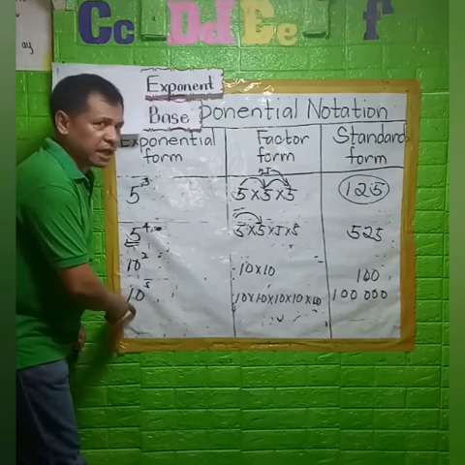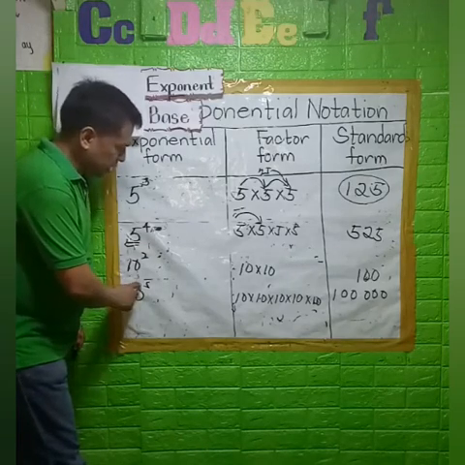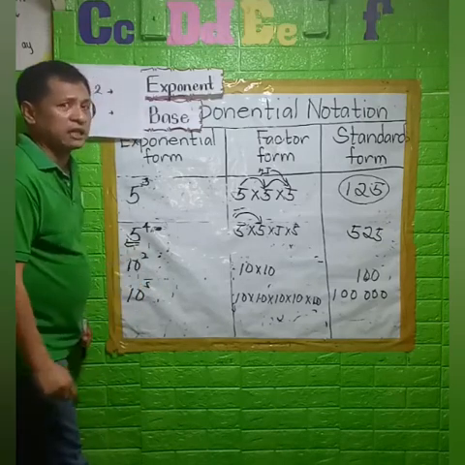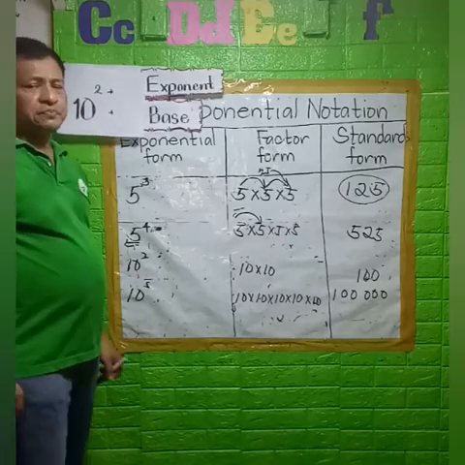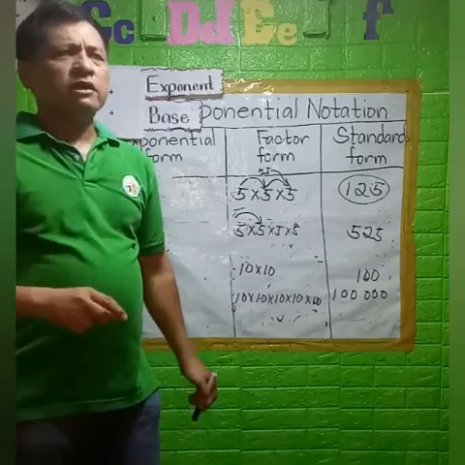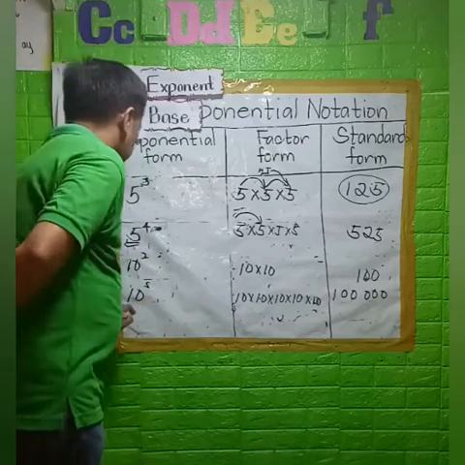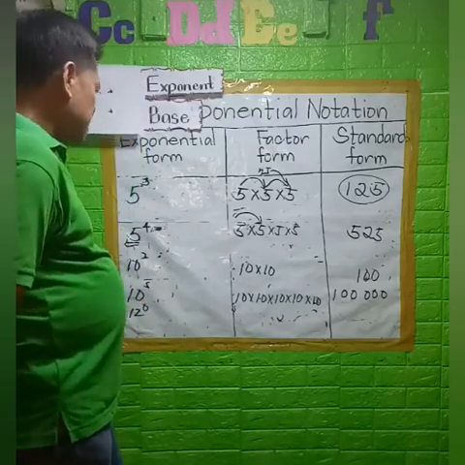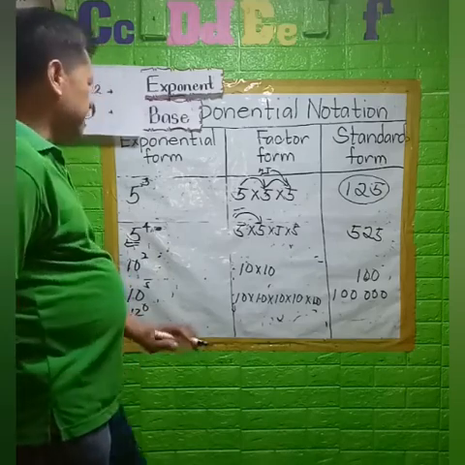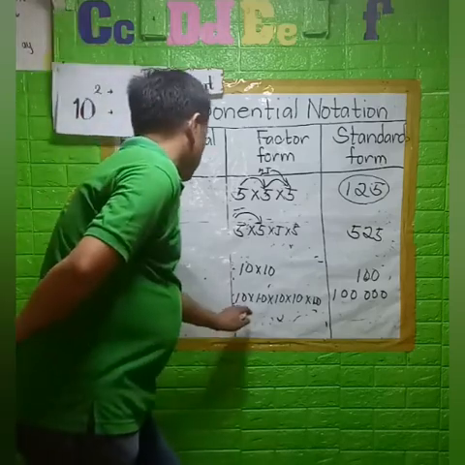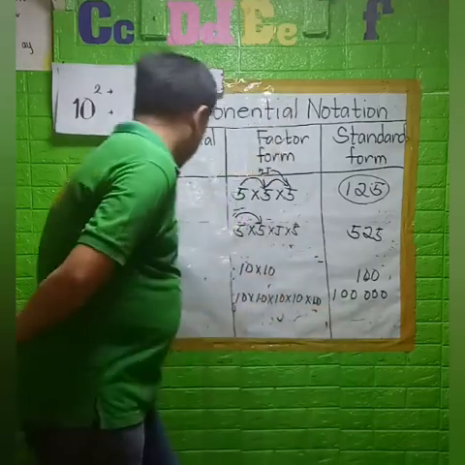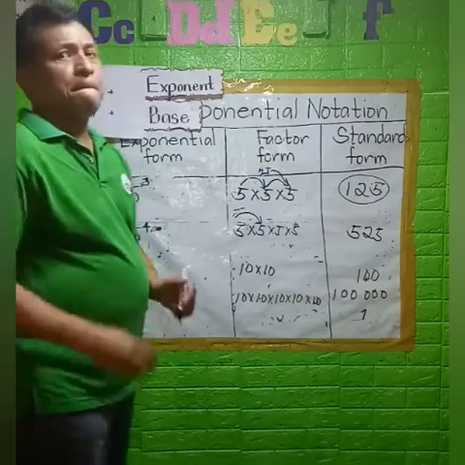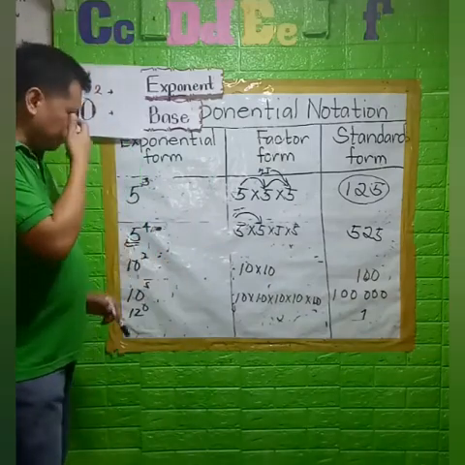Now, in the case where the exponent is 0, let's say, for example, 12 to the power of 0, the answer here is always 1. That is the product or the standard form.